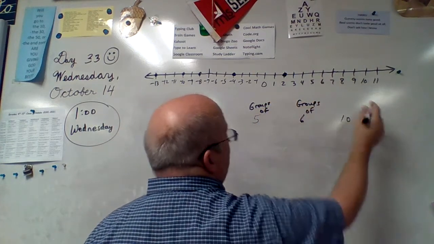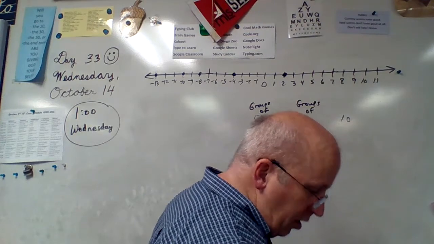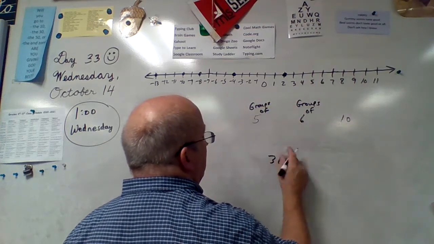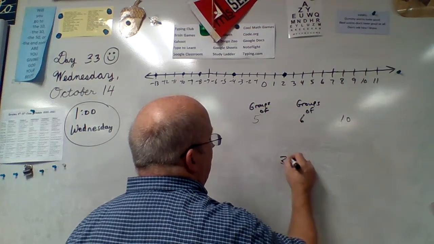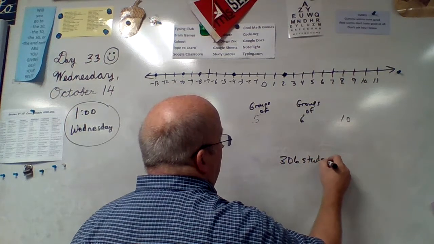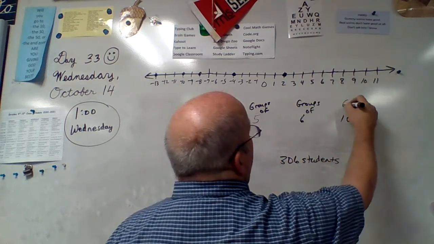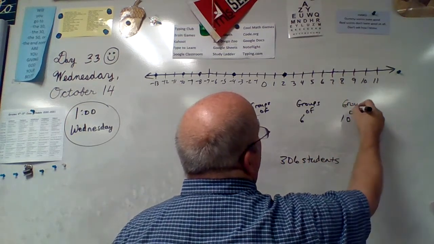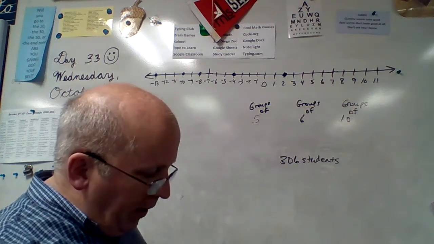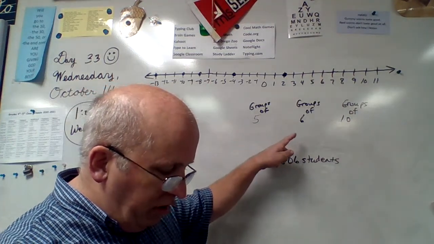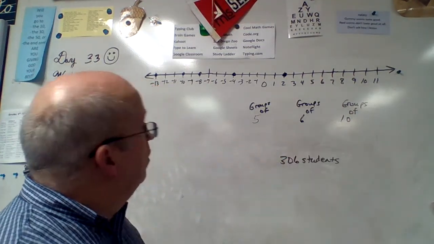Now, her particular school happens to have 306 students in it. If she wants to buy just the right amount of pens, should she buy packages of 5, packages of 6, or packages of 10?